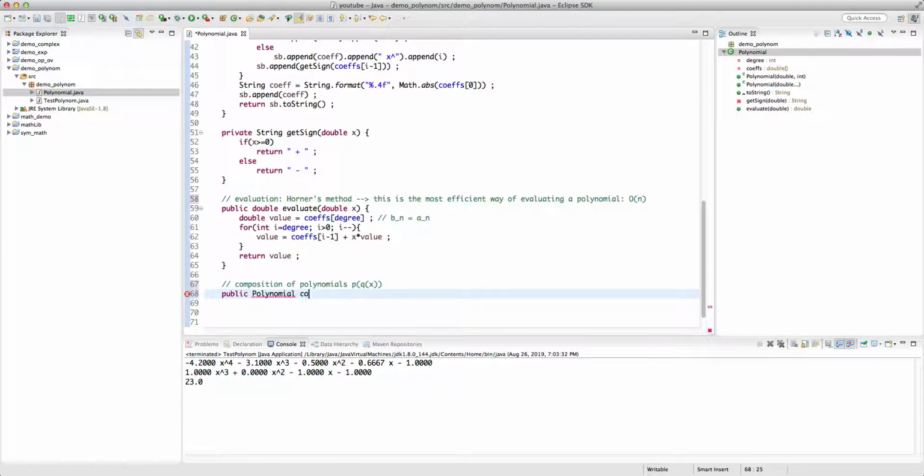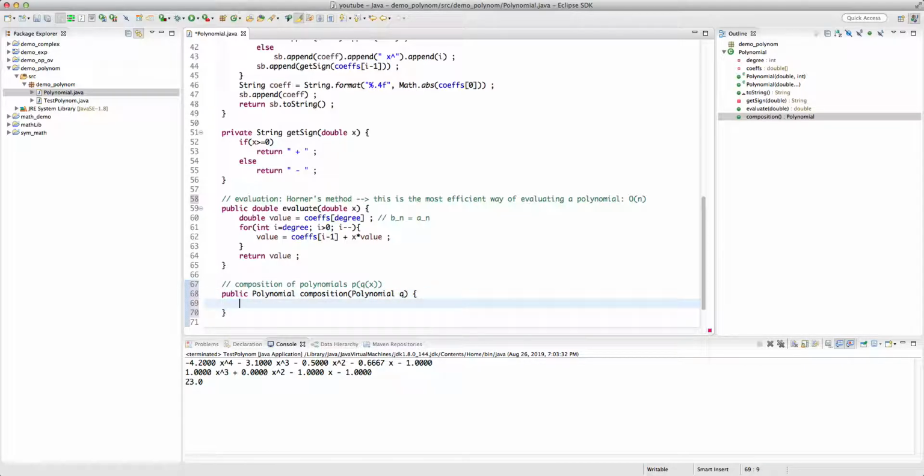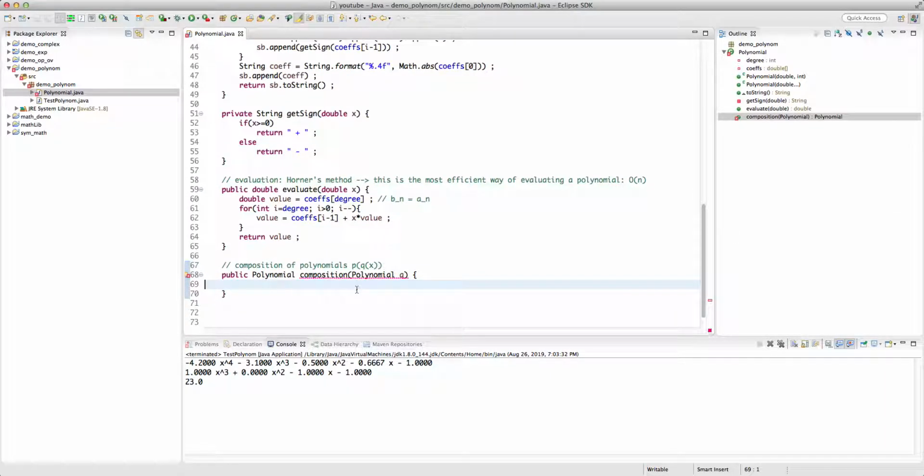Okay, composition, and the input is polynomial q. So how do we implement this? So we take q, instead of having basically x here, we should have the polynomial here.